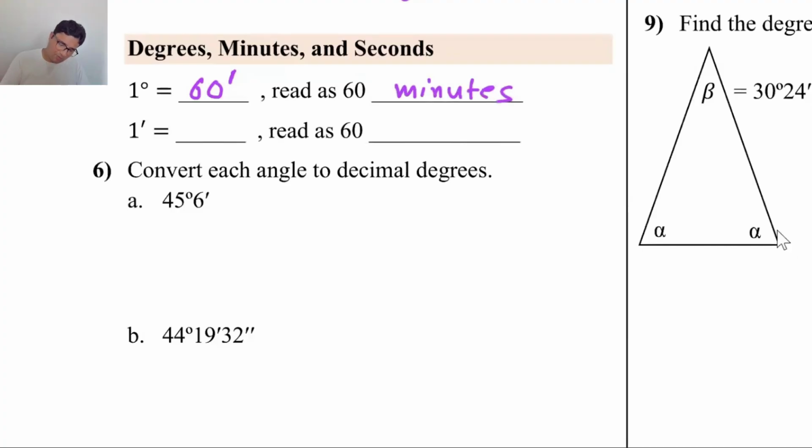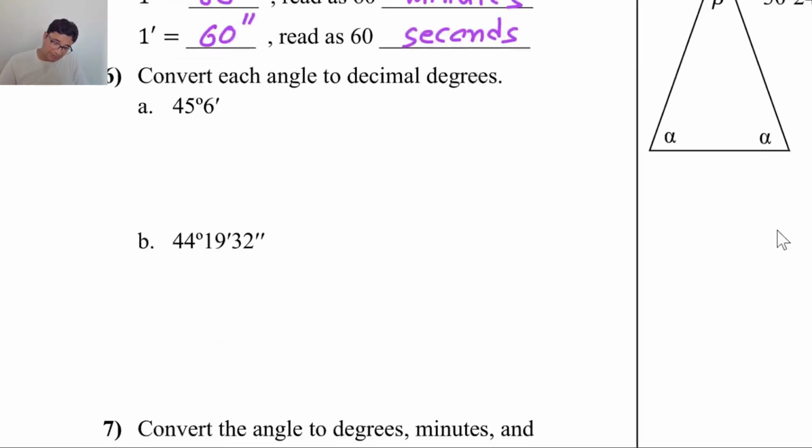And 1 minute is 60 double prime, the double prime notation, and that is 60 seconds. So that is the conversion.